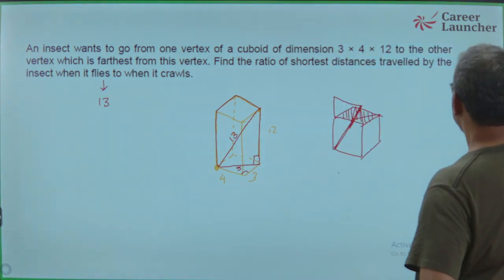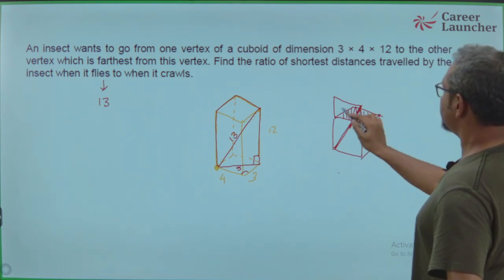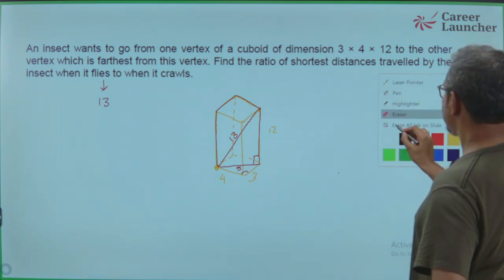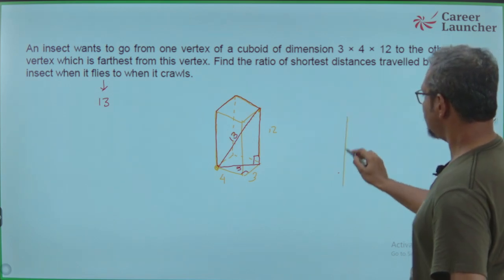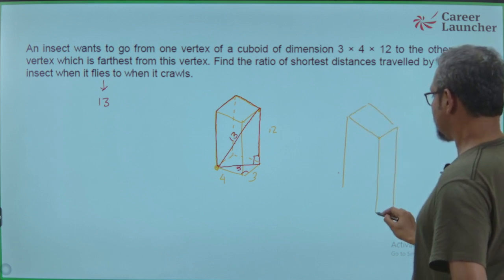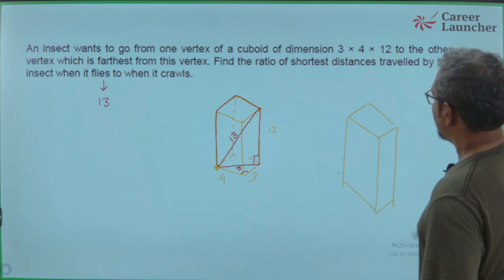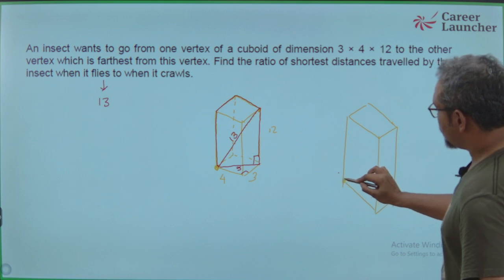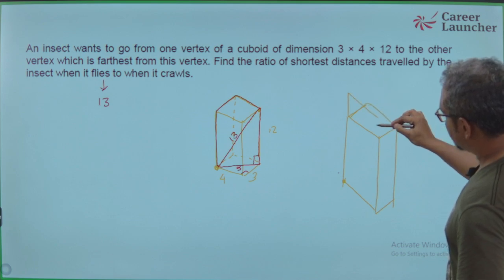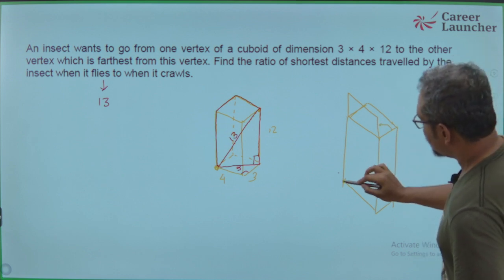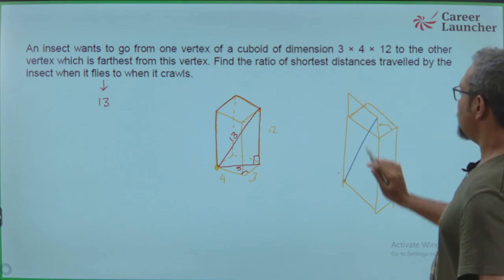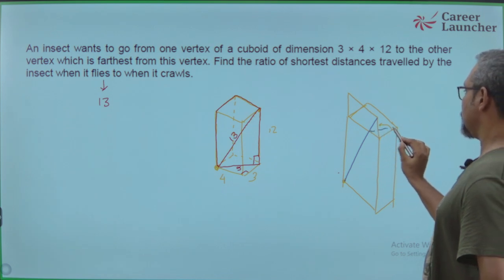So if I want to draw this once more, what we are doing is, it is going from here. This page has been opened up like this, flipped open. So it is now trying to go straight like this. When flipped closed, this would have looked like this.